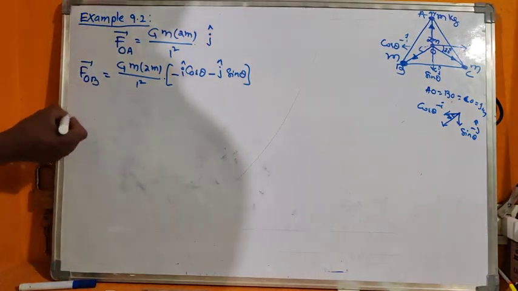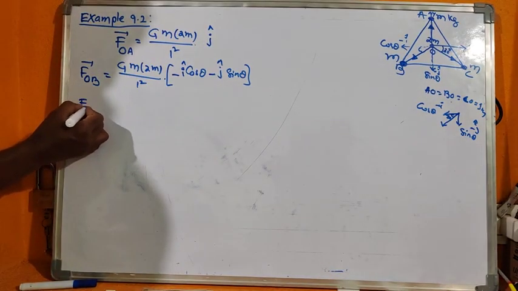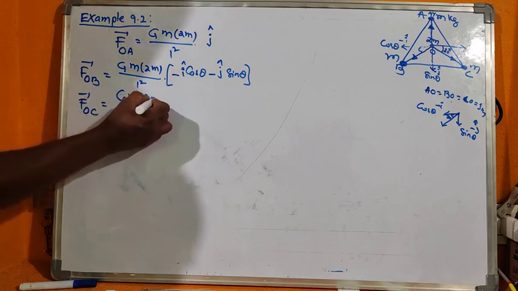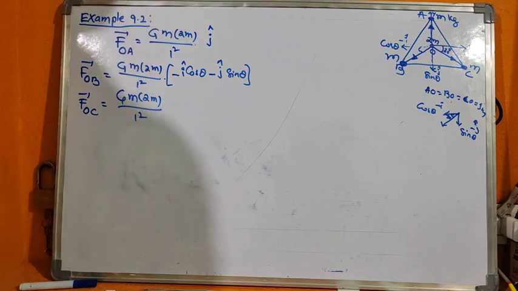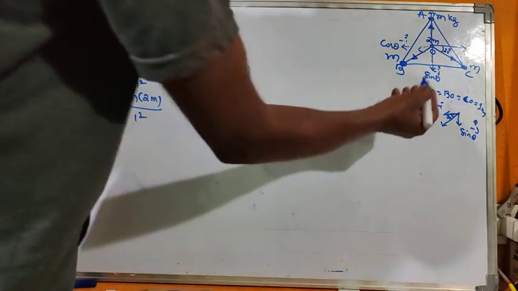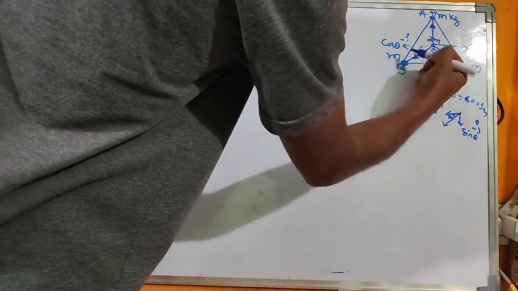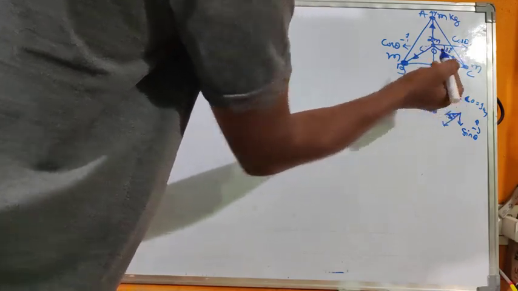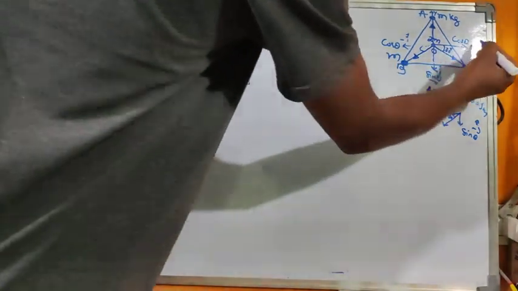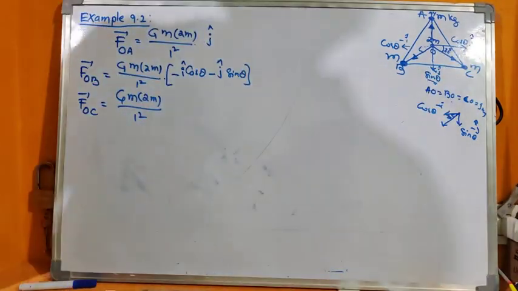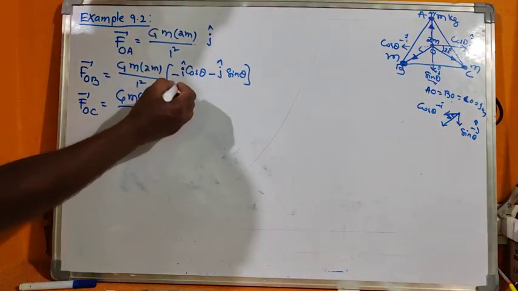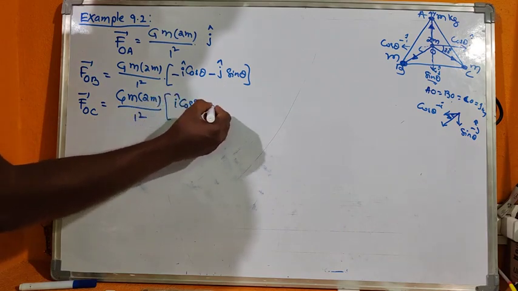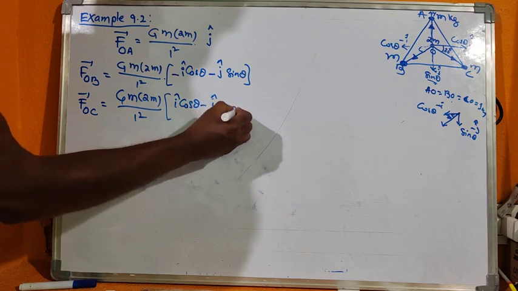Like that, the force on O by C is equal to G m and 2m by 1 squared. It is also not a direct vector, so we resolve it into components. Along the theta component is cos theta, and perpendicular to that is sine theta along minus j cap, and to represent the x-axis it is i cap. So it can be written as i cap cos theta minus j cap sine theta.